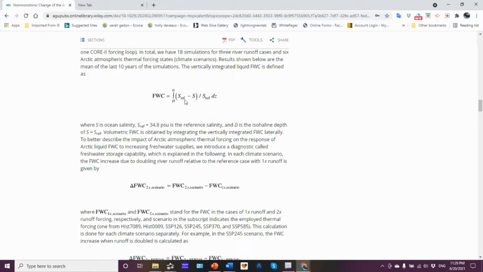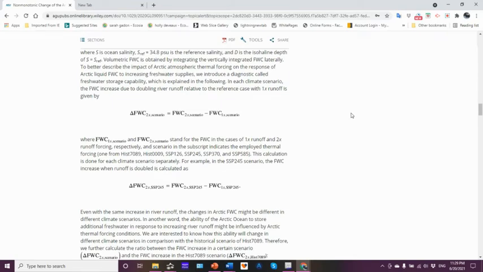With the subscript REF, that's the reference salinity set at 34.8 PSU, which simply means practical salinity units. Then divided by this, and then dz. Z is the variable we use for the vertical direction. So we're integrating with respect to Z, and then they go through a whole bunch of other stuff to calculate freshwater content.